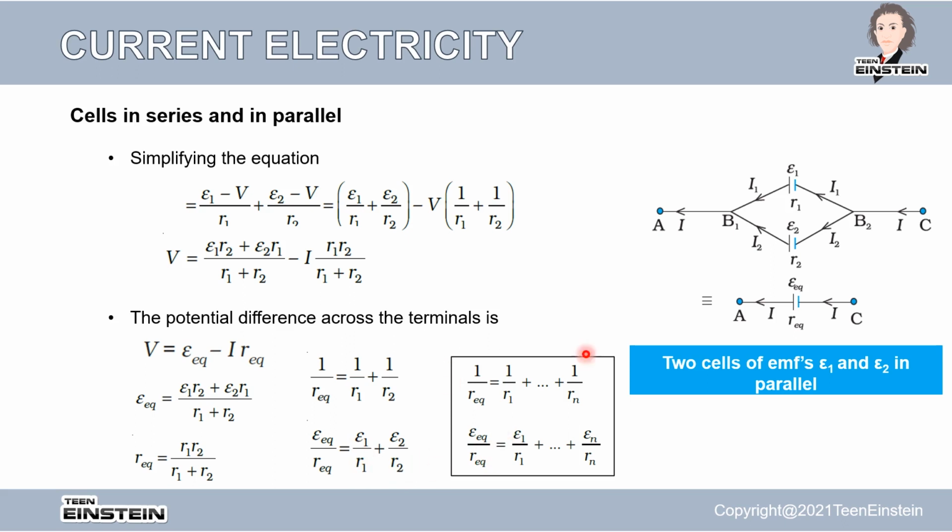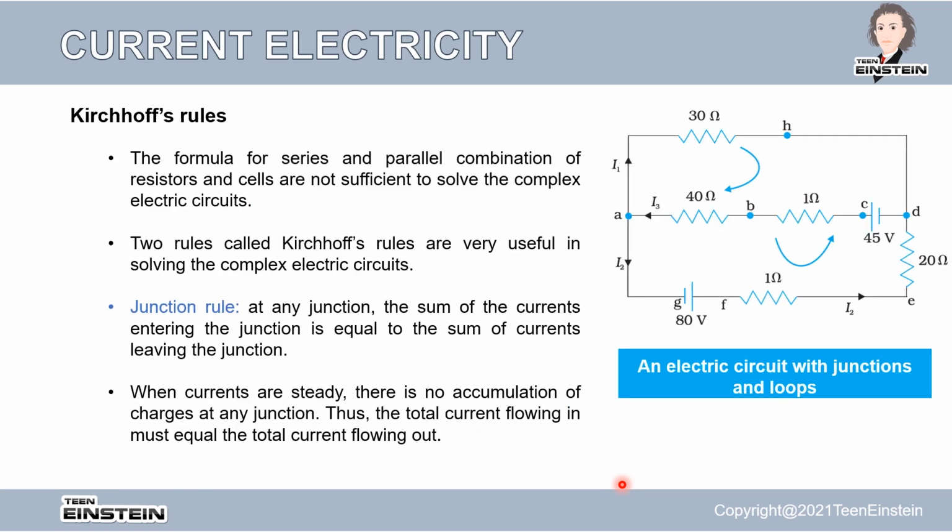So what we get from this is how to find the R equivalent. 1 by R equivalent is given by 1 by R1 plus 1 by R2, etc. up to Rn. Similarly, epsilon equivalent divided by R equivalent is given by epsilon 1 by R1 plus epsilon 2 by R2, etc. up to epsilon n by Rn. So this is what happens in a parallel combination when you have many different cells with different EMFs.